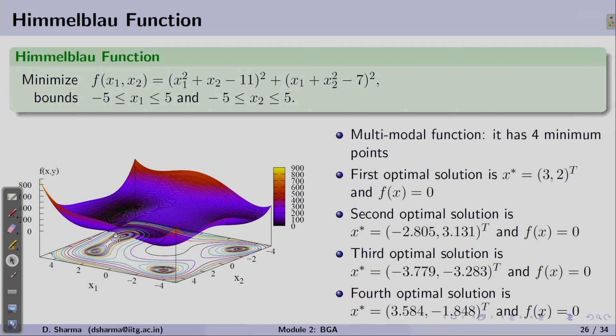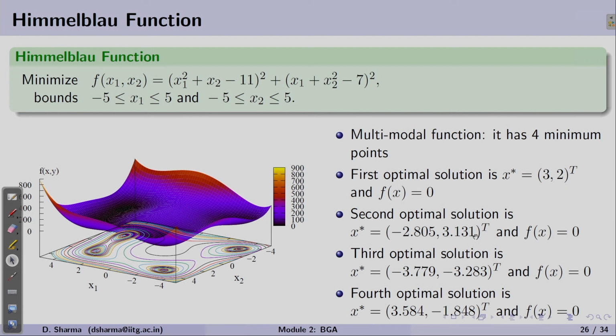You can see the surface, and when we draw the contour of this Himmelblau function, you can see there are 4 areas where the minima lie. So the Himmelblau function is a multimodal function. As I have mentioned, on the right hand side, it has 4 optimum solutions, and all 4 are mentioned.